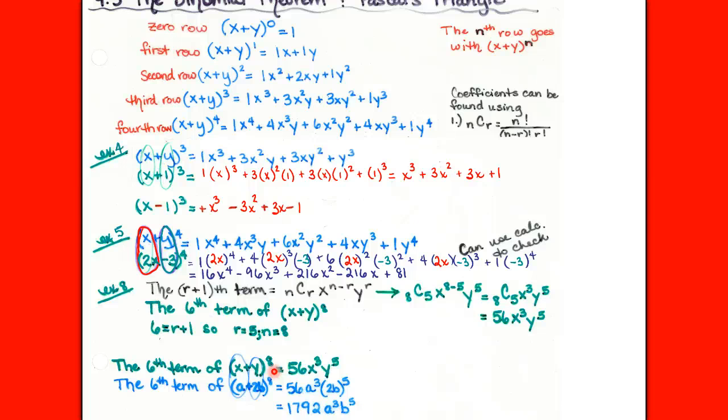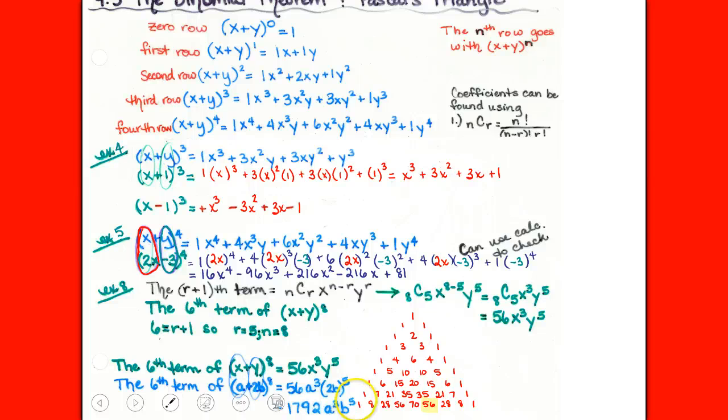So we have worked it out using Pascal's triangle, where you could go through if you wanted to, and you could draw Pascal's triangle all the way out to the 8th row, and then you could count over and you could say, okay, there's the 1st term, 2nd term, 3rd term, 4th term, 5th term, 6th term. There it is right there. The 6th term of x plus y to the 8th would be 56. I could get my coefficient that way.